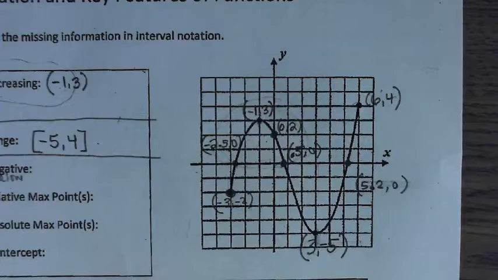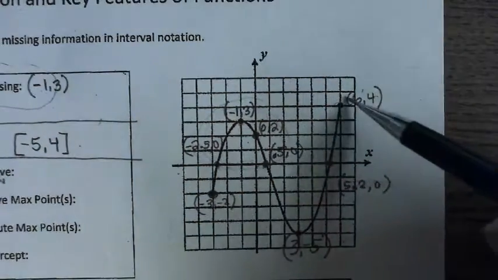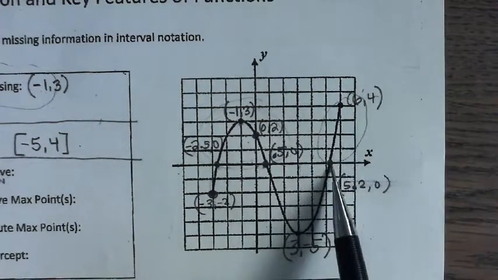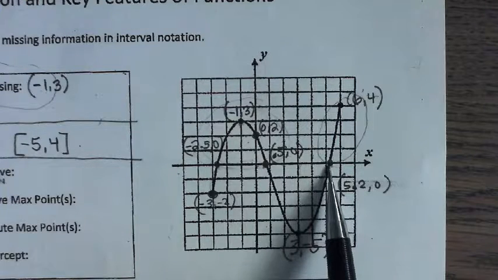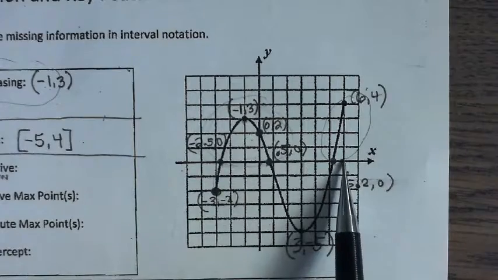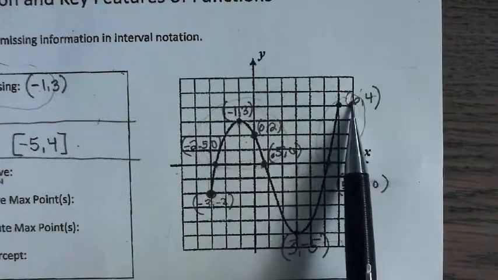Is it ever positive again? Yes, Andrew, from when to when? 5.2. Yep. 5.2 to 6. At 5.2, is it actually above the x-axis? No. At 6, is it actually above the x-axis? Yes. So that one's going to get a bracket.